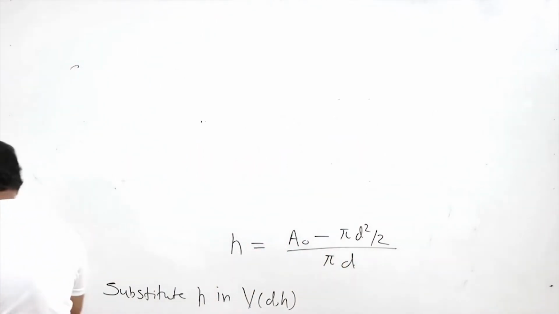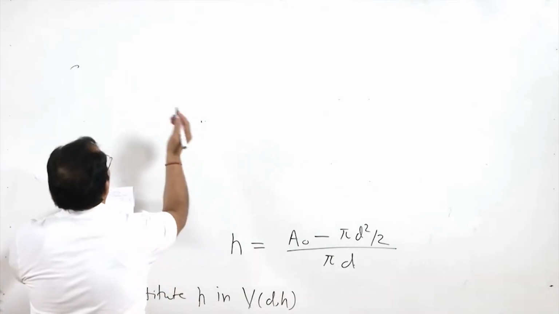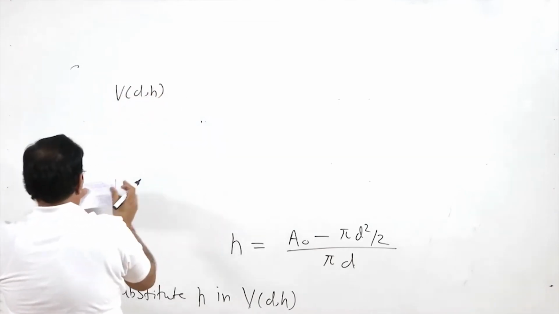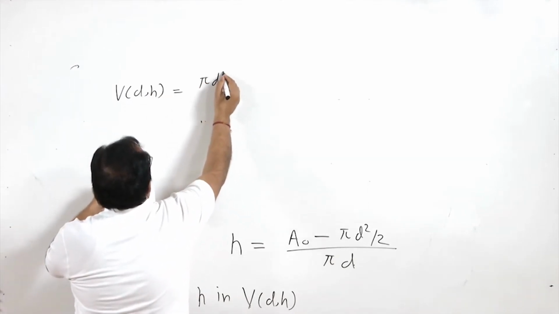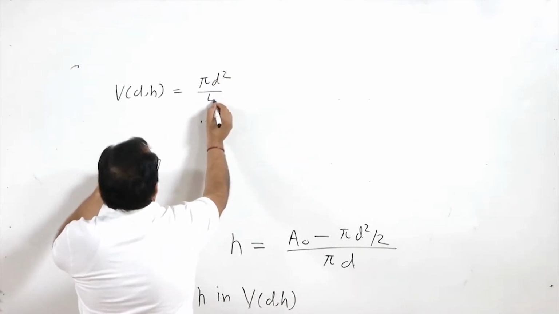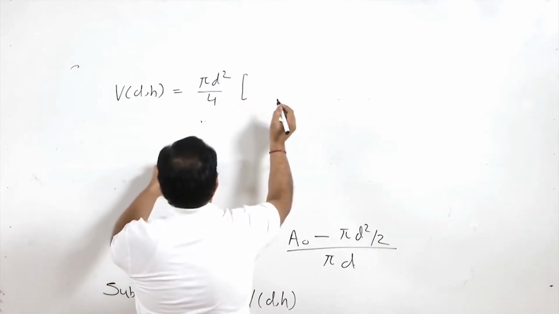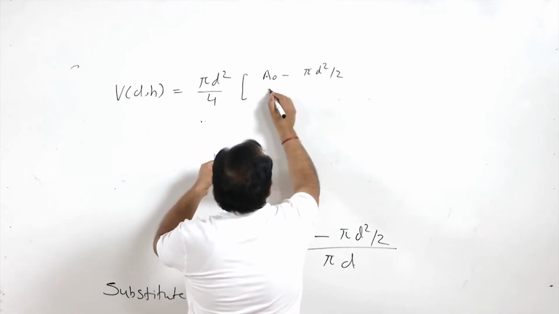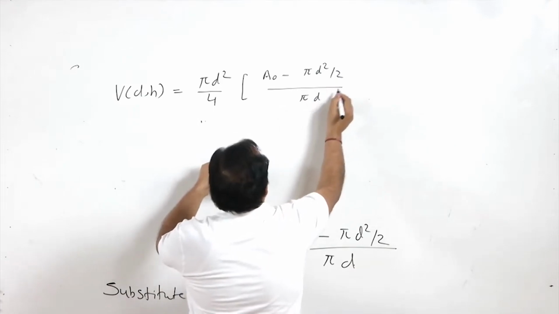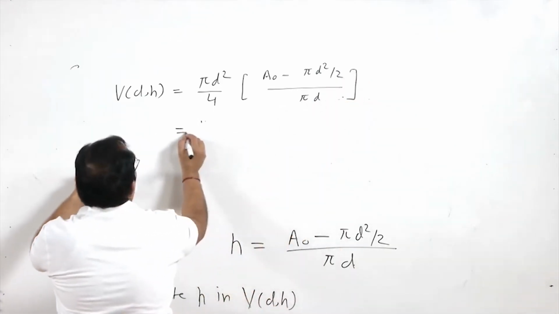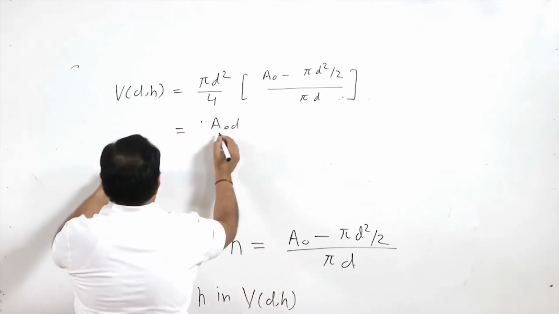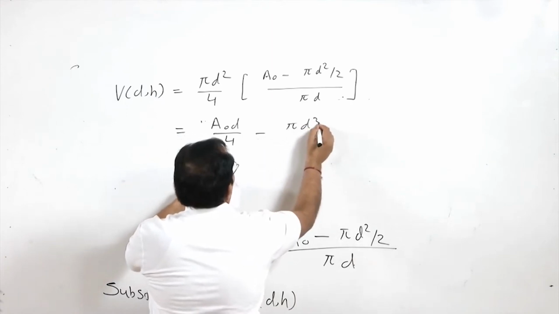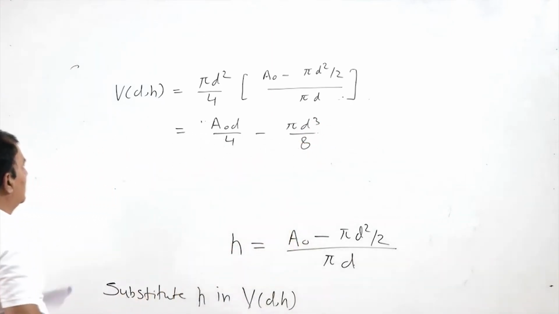Just by placing the value of h in the expression of V, we get V(d) as pi d square by 4 times A naught minus pi d square by 2 over pi d, or simply I can write this as A naught d by 4 minus pi d cube by 8.